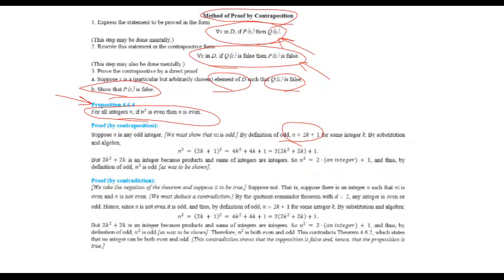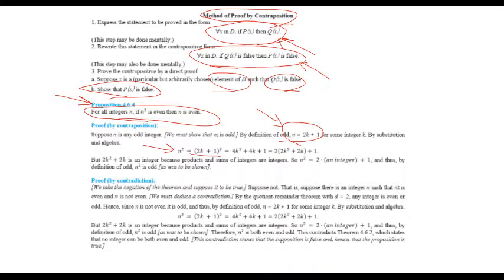So n, based on the definition of odd numbers, is equal to 2k plus 1, for some integer k. Now, by substitution and algebra, we can say that n squared is equal to, instead of n, I put 2k plus 1, which is (2k plus 1) squared.